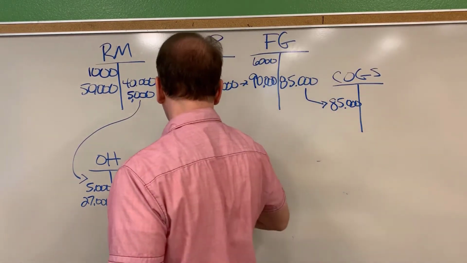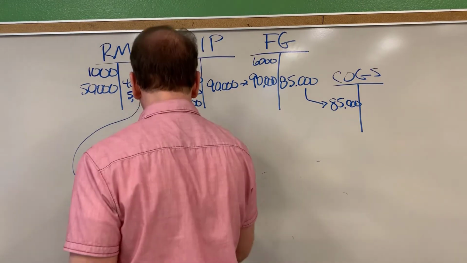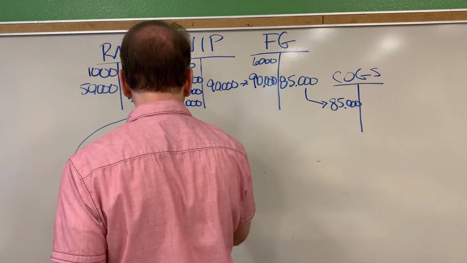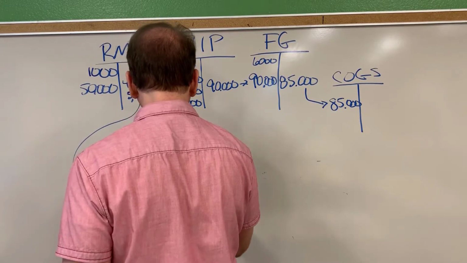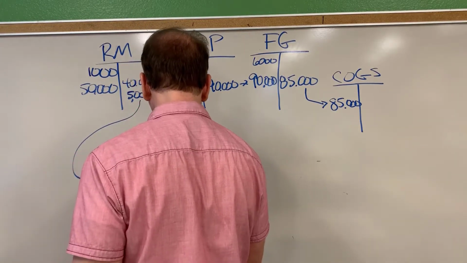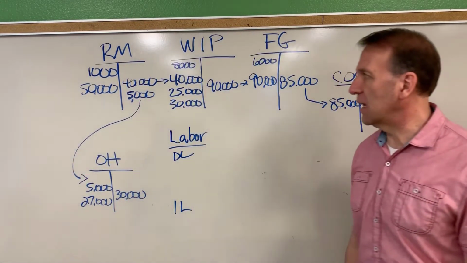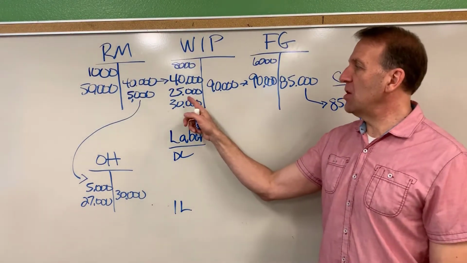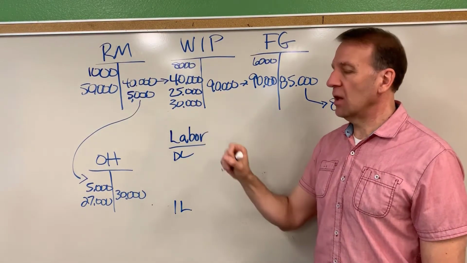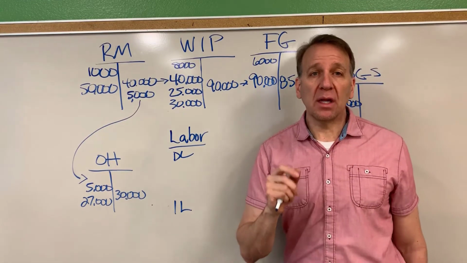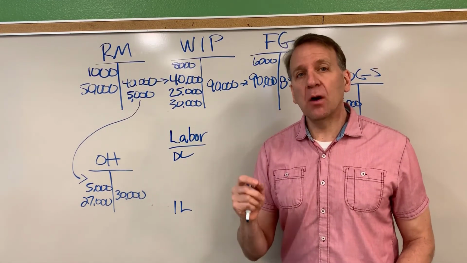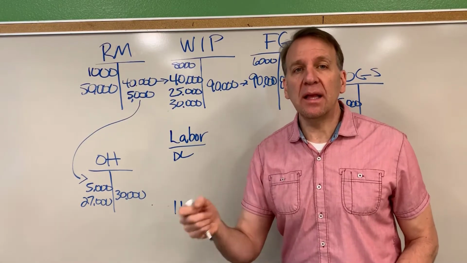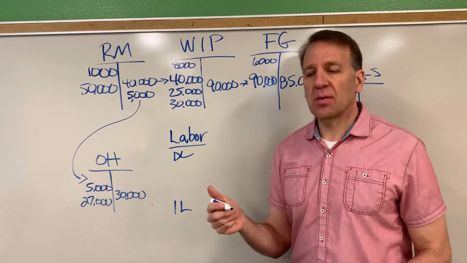Let's look at labor. For labor, we're going to have direct labor, and then indirect labor, IL. The direct labor number is this $25,000. If we have employees working directly on our product, that would be direct labor, and their wages need to go directly into work in process.